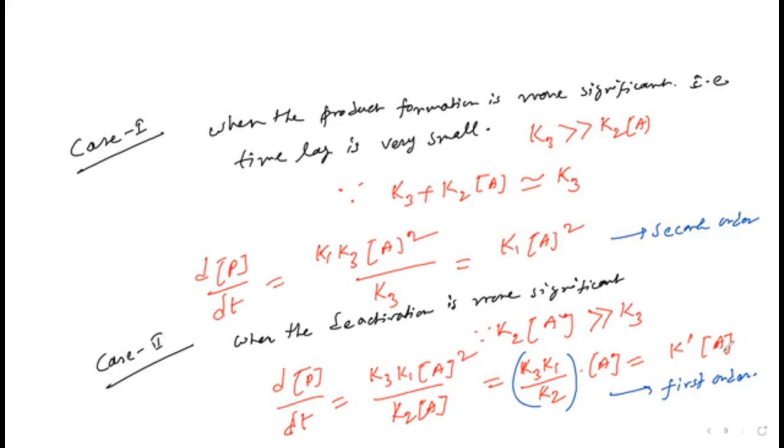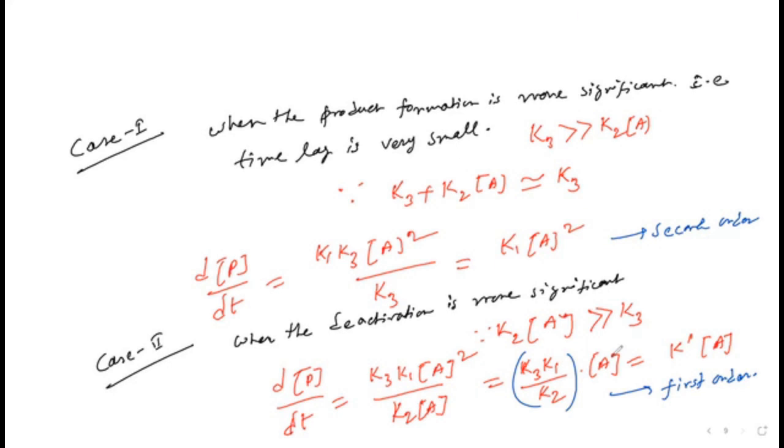A, power is 1, that is the first order. K2A is more, right? Check the equation. In that I put the value. K3 I'm not putting because K2A is really greater than that. It is nothing but equal to K2A. I put this, A is going away, becoming first order. Understood? This is the total thing.